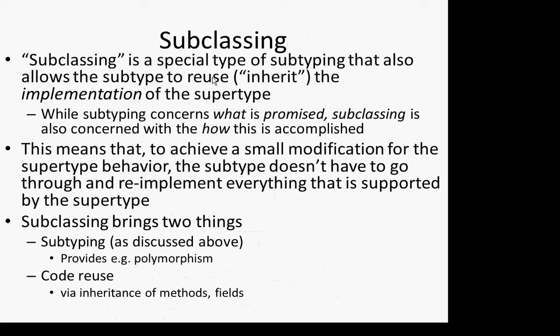Let me ask this. If I say A is a subclass of B, can I pass around an A as if it's a B? The answer is yeah. And Java will allow me to do that.